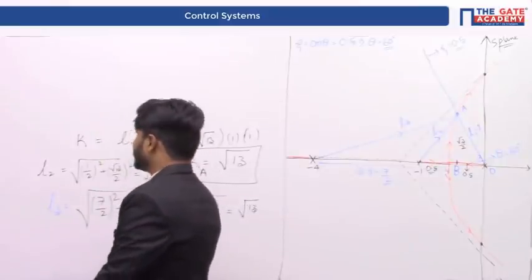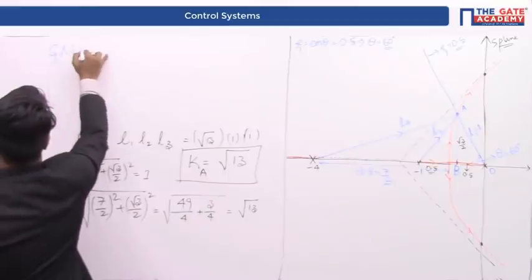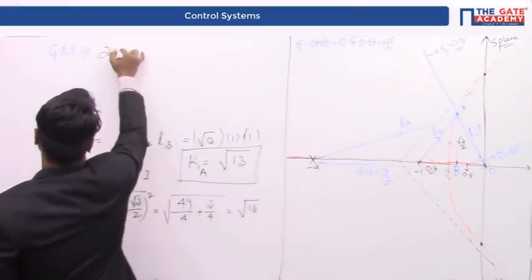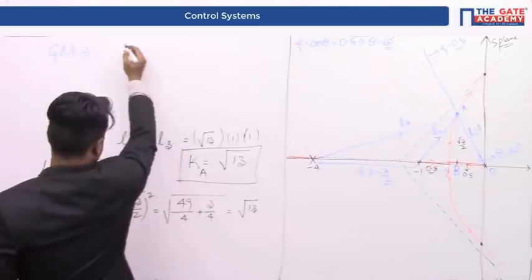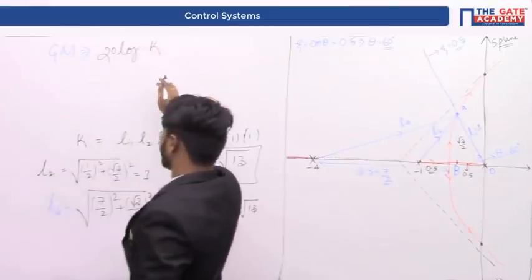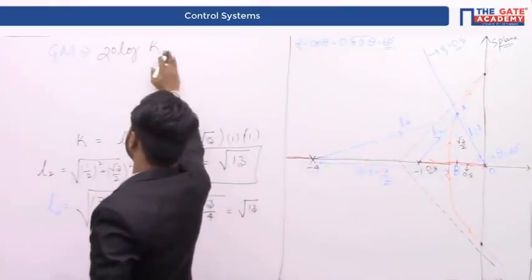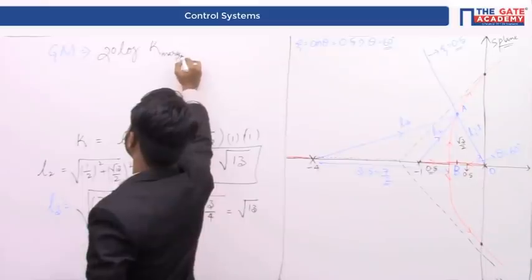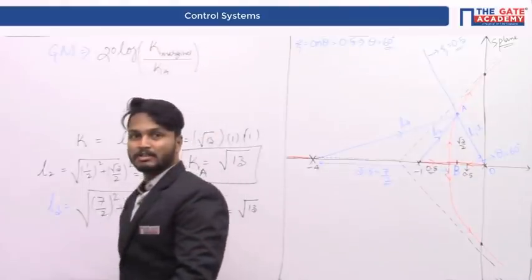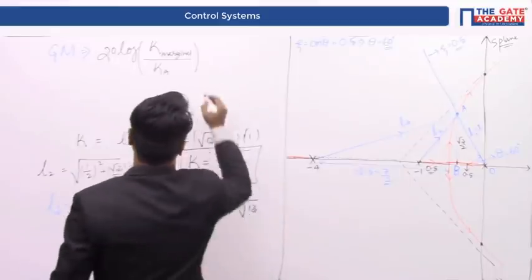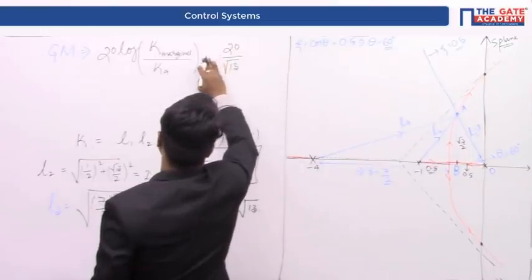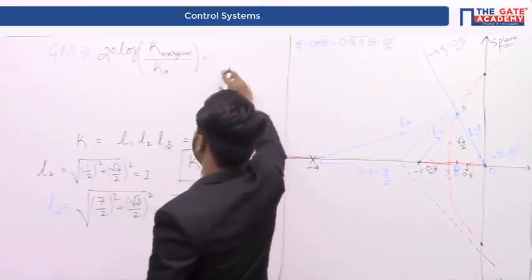So gain margin can be calculated as 20 log modulus of K marginal divided by K suffix A. K marginal divided by K suffix A is 20 divided by root 13.